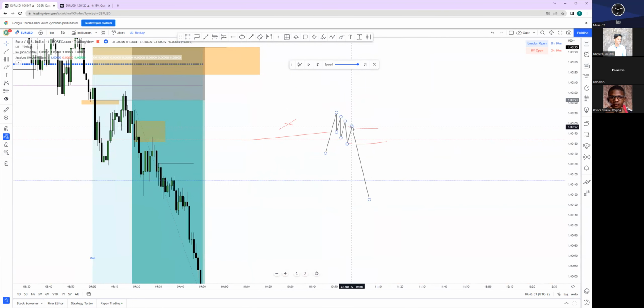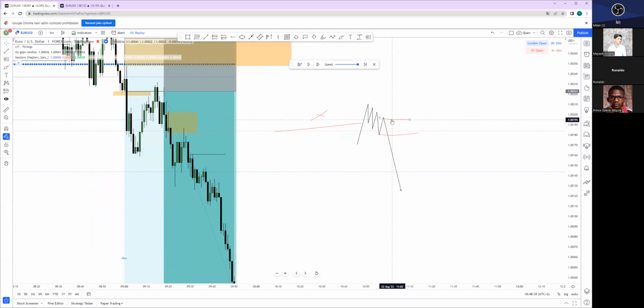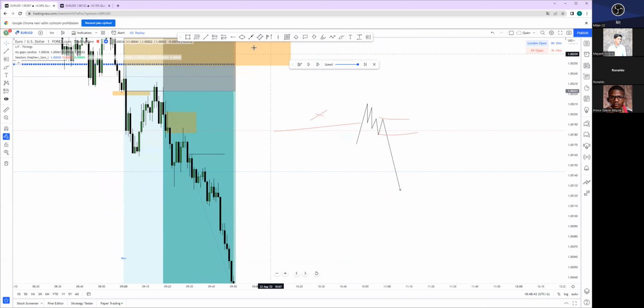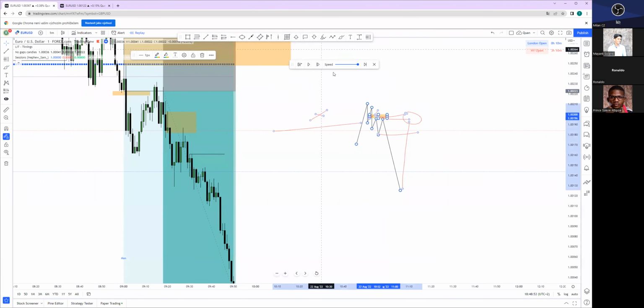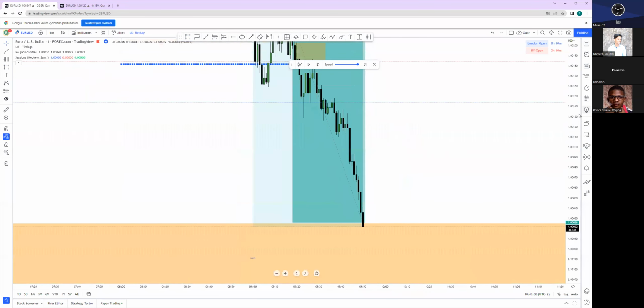But for example, on Monday, price left off a bit of inefficiency like this, and that's the reason why Tuesday came back and swept all this inefficiency that was left there. Not 100%, there's some bits left, but you get the point.